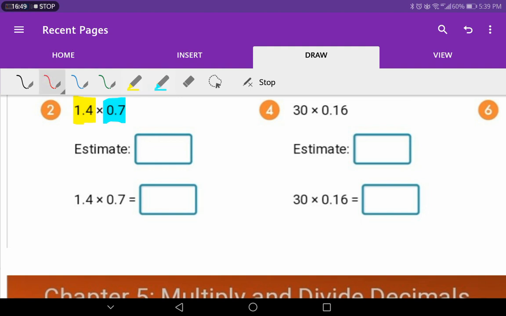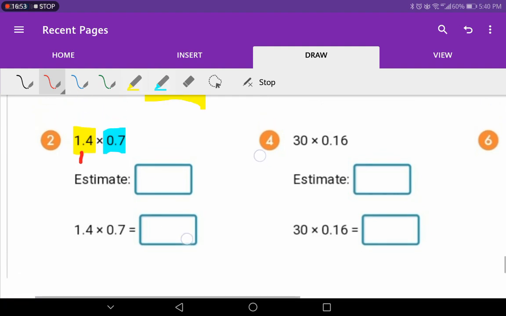I will make the estimation because I have to check whether my exact answer is correct or not. So to make the estimation easy, I will make this 1 and I will keep this as it is. So my estimation will be 0.7, because 1 multiplied by anything gives the same thing.